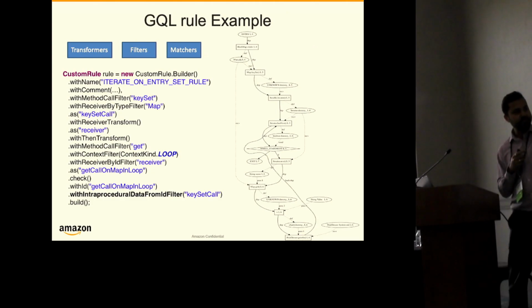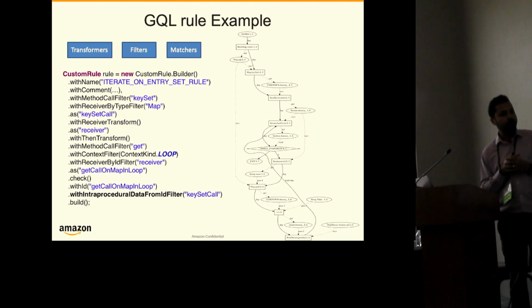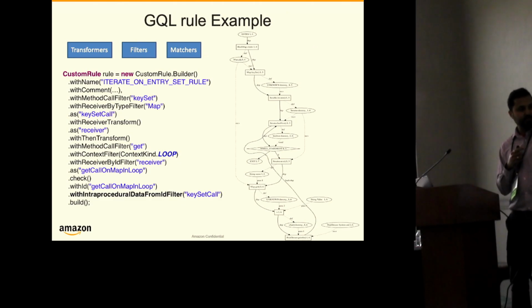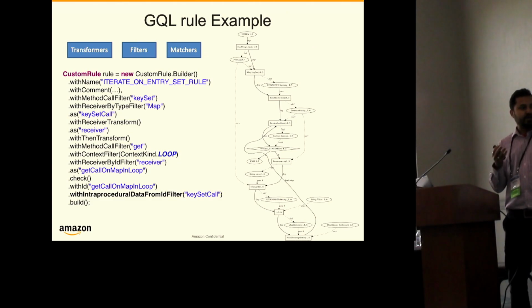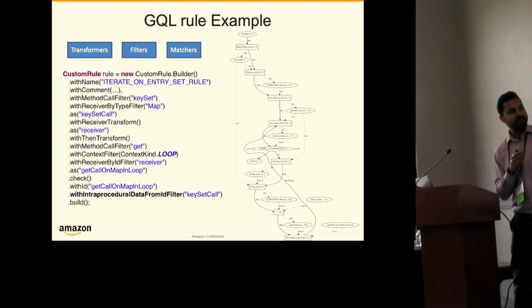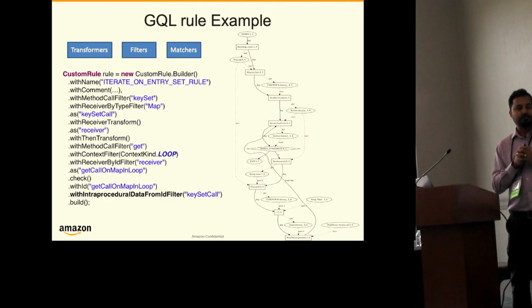Once you save this match frontier in this statement called getCallOnMapInLoop, you then check, in an interprocedural data flow style, whether this keySetCall is found anywhere in this particular code.